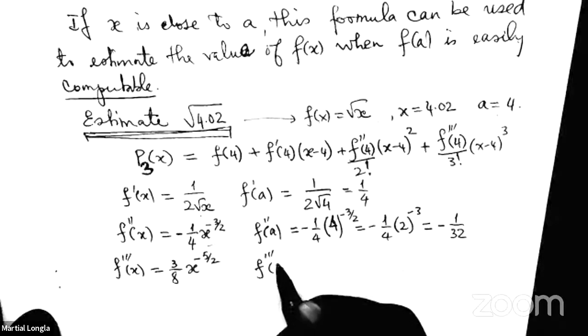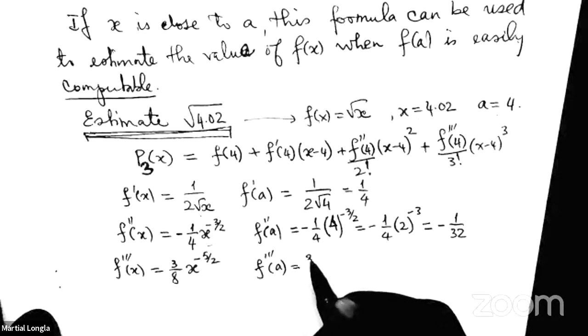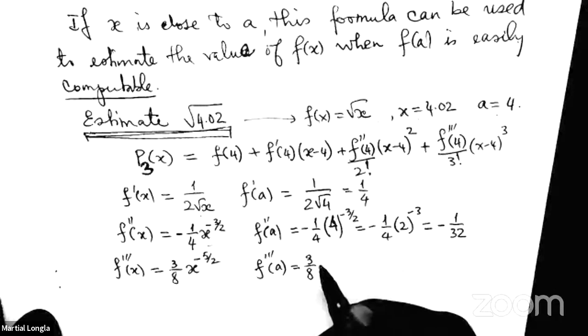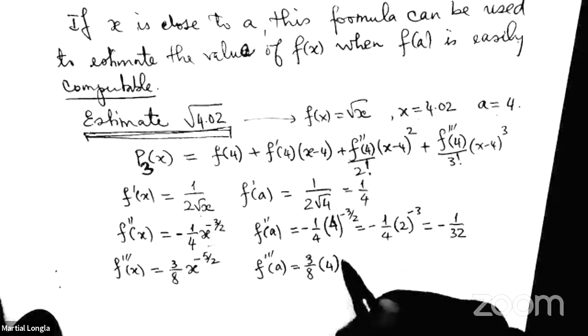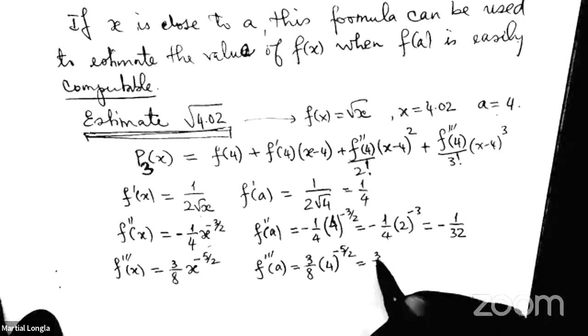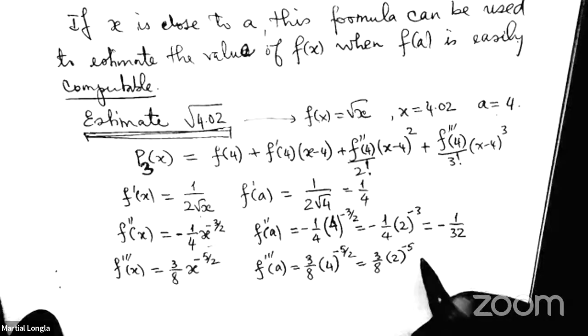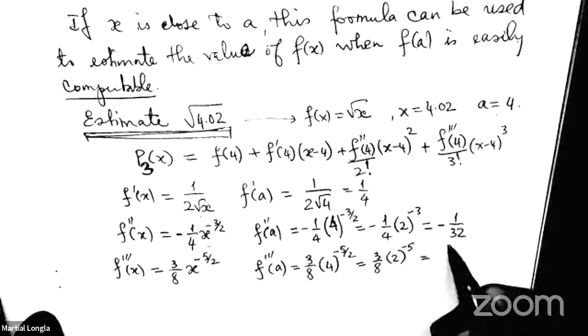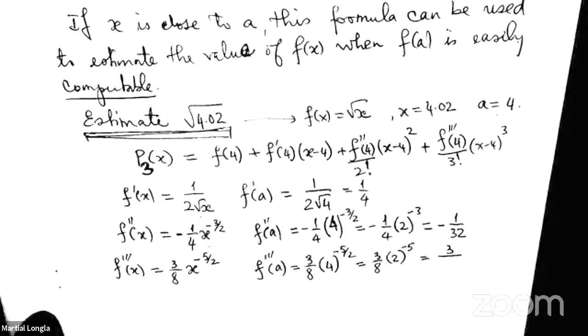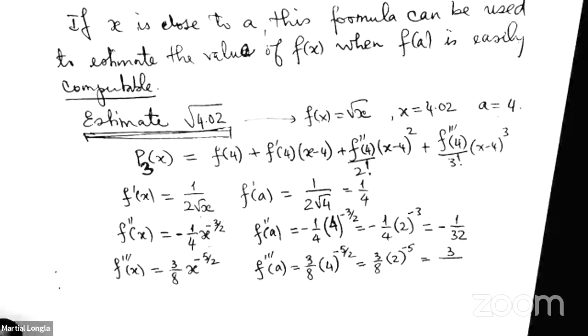And the third derivative at a is 3/8 times 4 to the power minus 5 halves, which is 3/8 times 2 to the power minus 5, which is 3 over 2 to the power 5, what is it, 32.